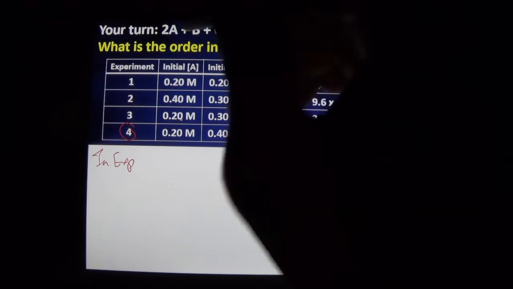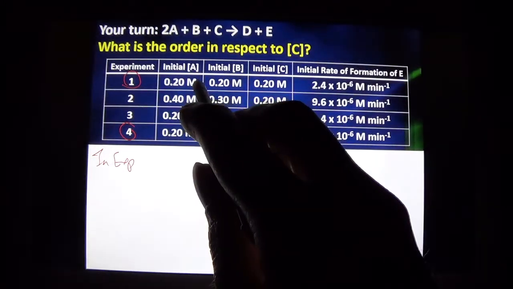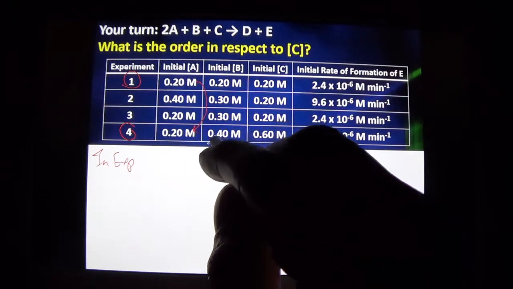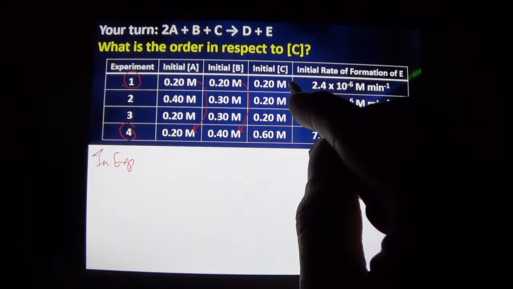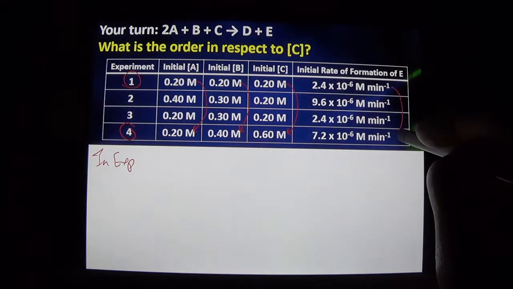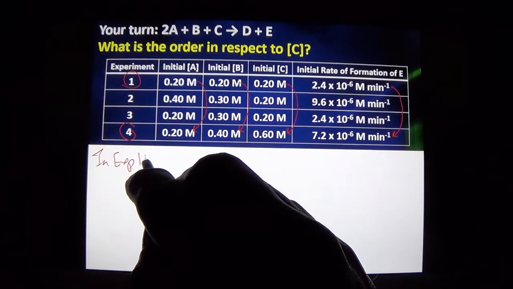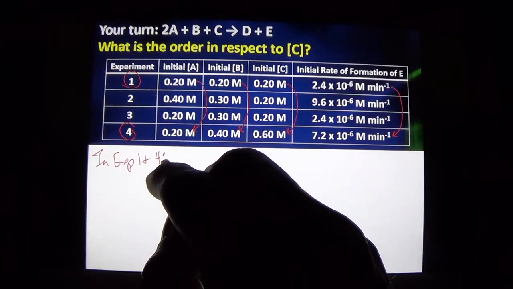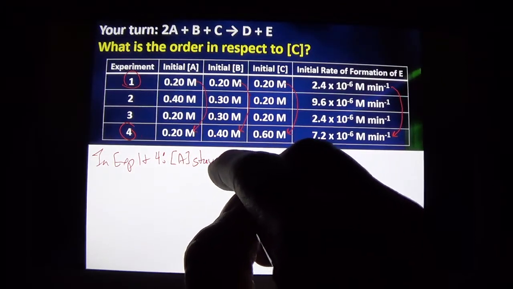I'm going to go with 1 and 4, and you'll see why I picked that in particular. But let me point this out. A stays the same, B doubles, and C triples. And then we have our rate changing over here. Okay, so in experiments 1 and 4, concentration of A stays the same.